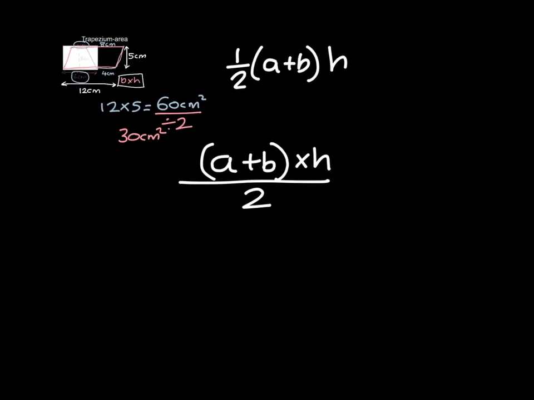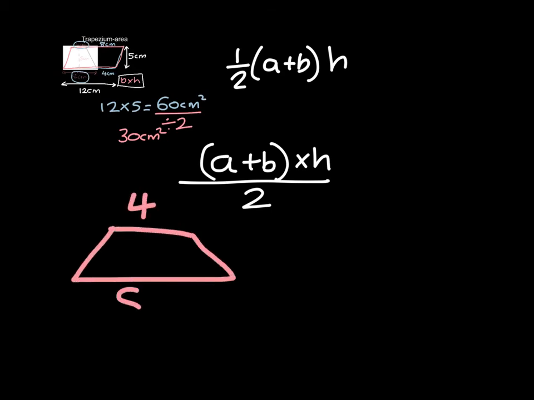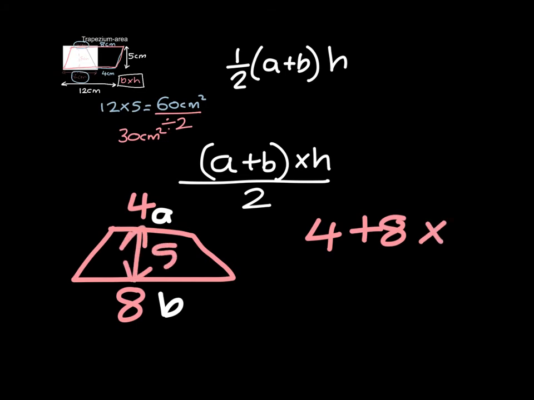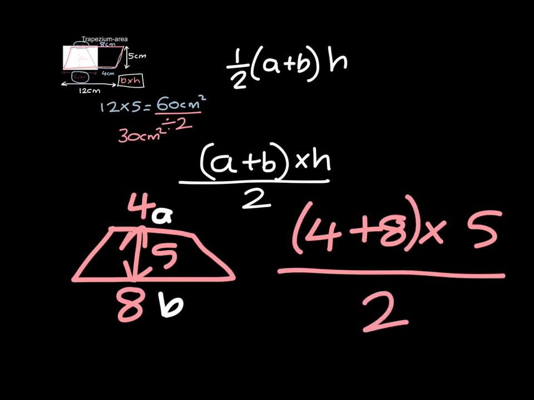So if we draw the picture again just so you can see it a bit clearer, from the original one we've just done, A and B were the 2 parallel sides, which were 4 and 8. So you add the 2 parallel sides together, 4 plus 8, you times it by the height, which in the picture was 5, so keep that in brackets, and then you divide that by 2.